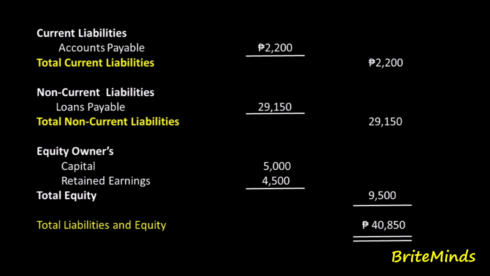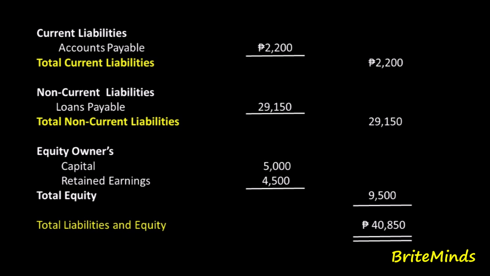The liabilities are classified into two, the current and the non-current liabilities. So the total of the current liabilities amounted to 2,200, and then the non-current liabilities amounted to 29,150 pesos.